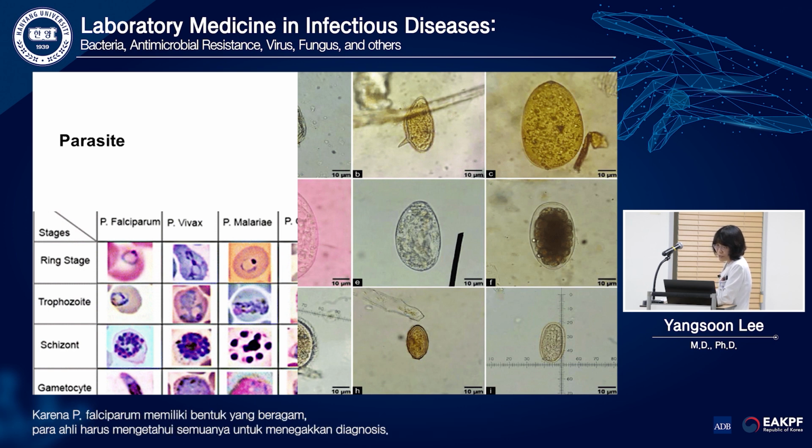Because P. falciparum has a variety of shapes, experts must know all of them to make a diagnosis. The same goes for vivax and also P. malariae. Additionally, it is possible to diagnose by observing eggs.